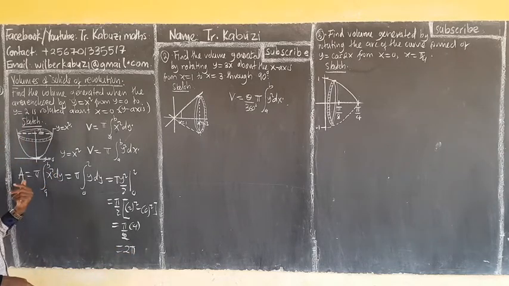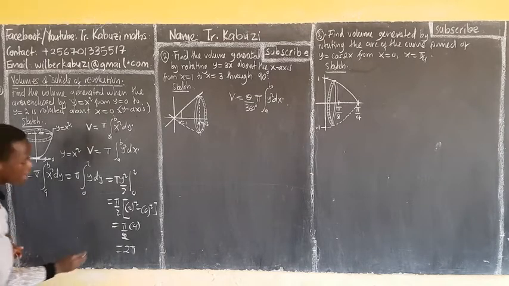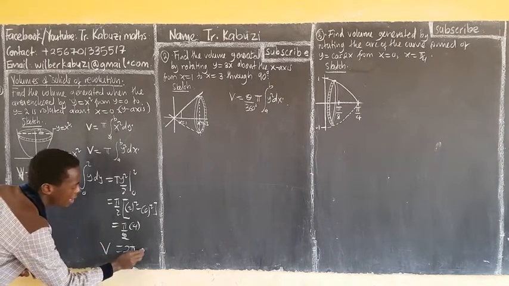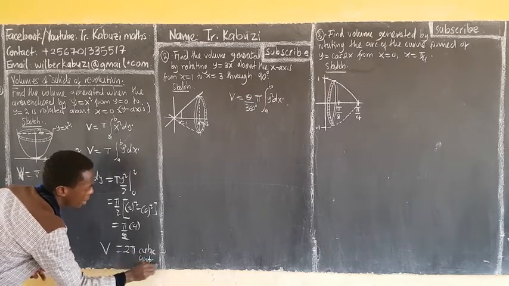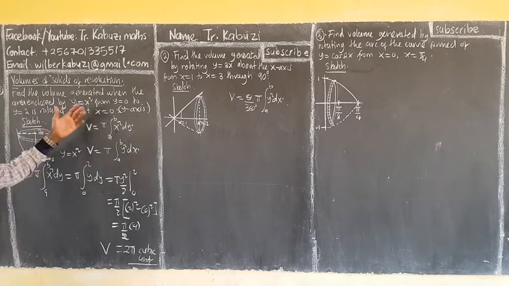Because I'm calculating the volume, my volume is measured in cubic units. If they don't specify the angle of rotation, we assume that it was rotated through 360 degrees.